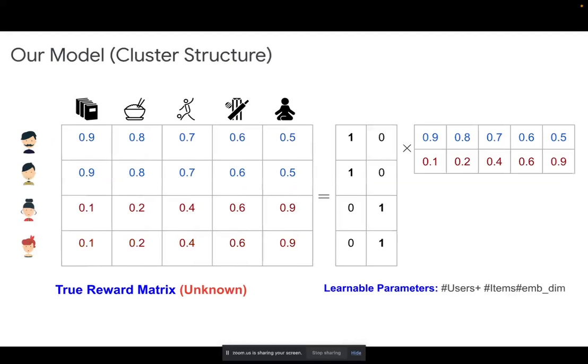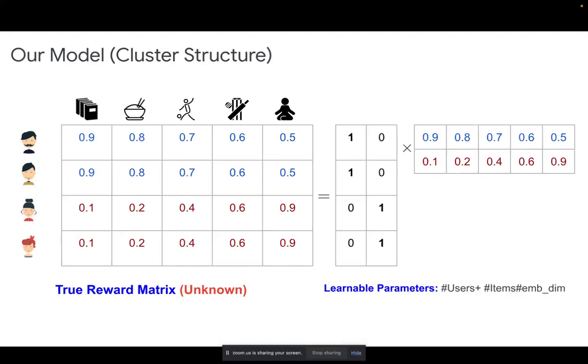Okay, so what does the cluster structure assumption mean? It means that you can represent the true reward matrix as a product of two tall matrices. Can you see that? If you notice carefully, the first tall matrix can be thought of as a user embedding matrix. Each row belongs to the set of standard basis vectors and captures the true tastes of the users. The second tall matrix, or the transpose of the matrix actually, corresponds to the true characteristics of the items.